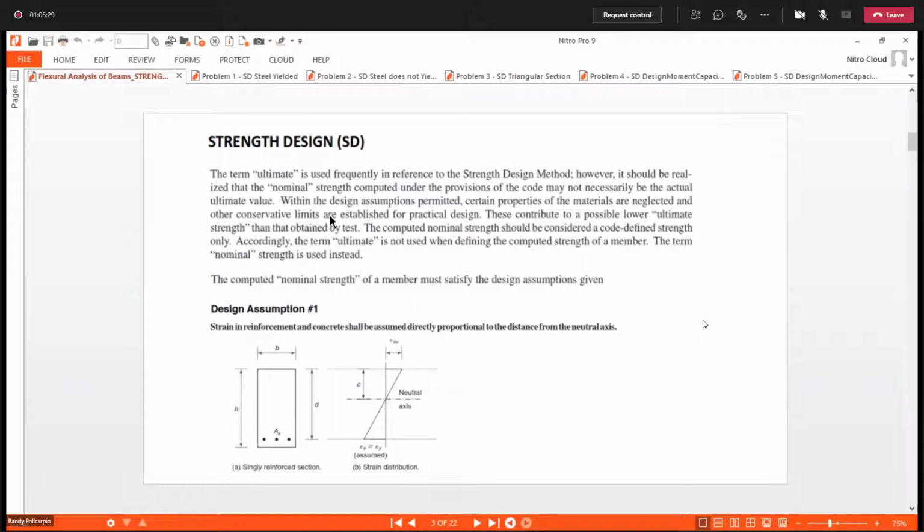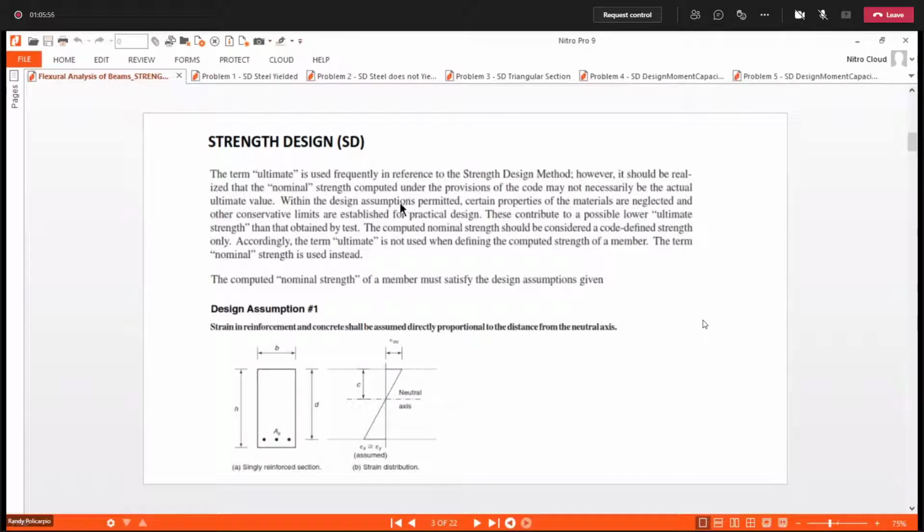So when we compute for the strength of our beam, we are actually solving for the nominal, and the computation of the nominal strength is based from the code. Kaya dito, kung i-compare natin sa test ng mga material natin, hindi ito yung tinatawag nating actual ultimate value. Okay?